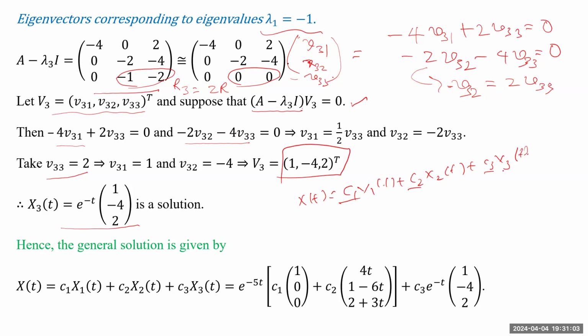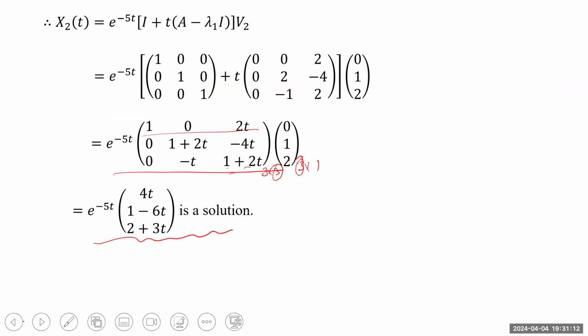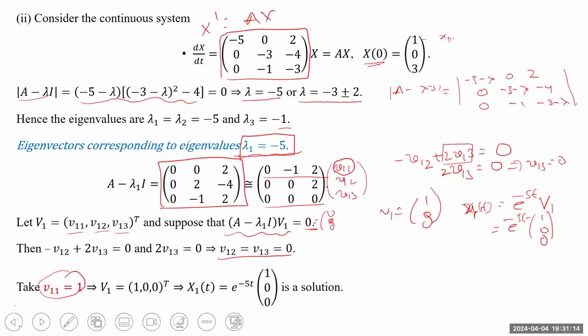You know how we get those by using the initial condition. Already we know what the initial condition is. The initial condition of this problem is (1, 0, 3).